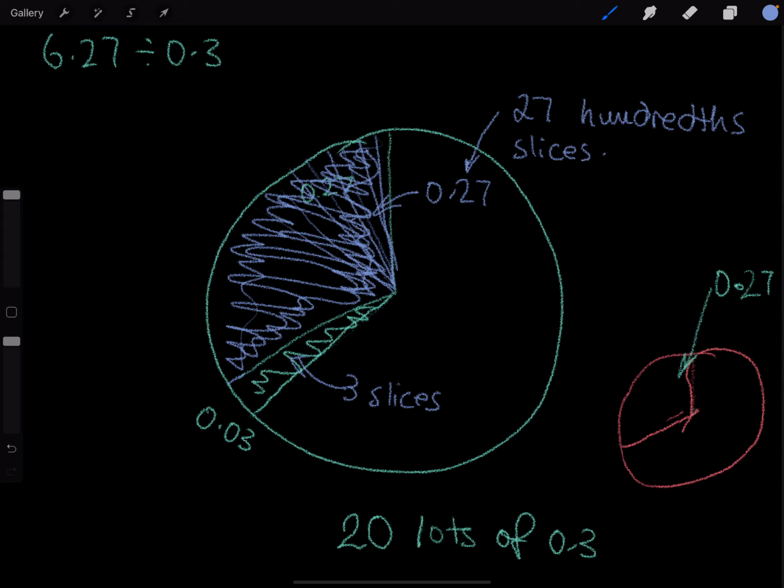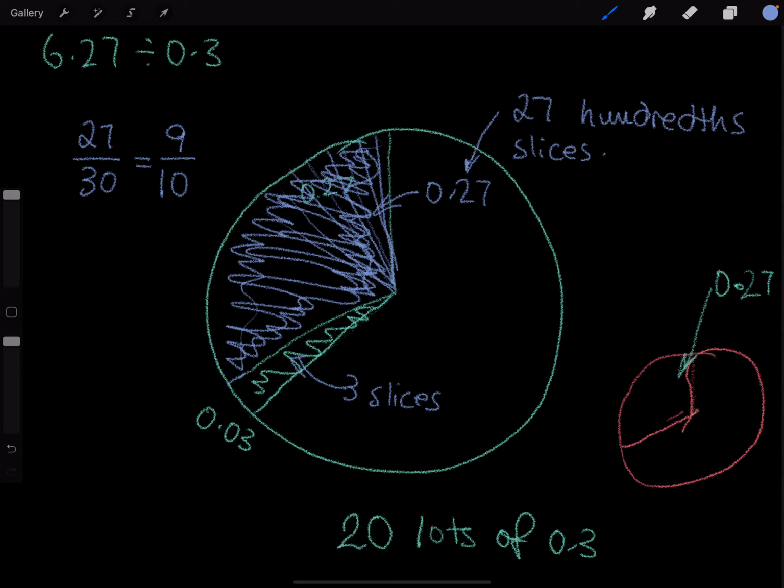So you've got how much of 0.3 in this purple bit? 27 hundredths. 27 out of 30, right? You've got 30 of these little slices. Simplifying, 9 threes are 27. So it would be 9 over 10.